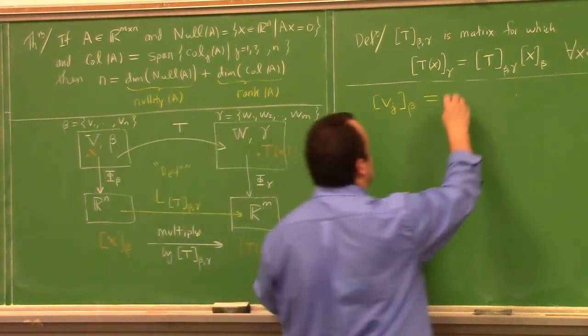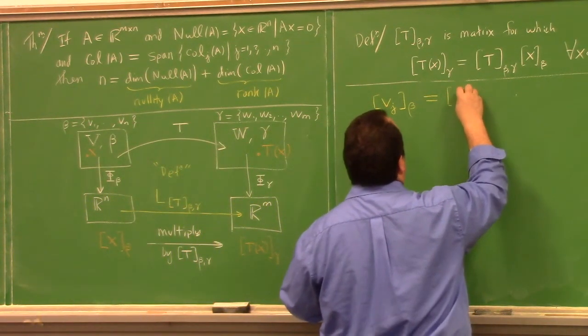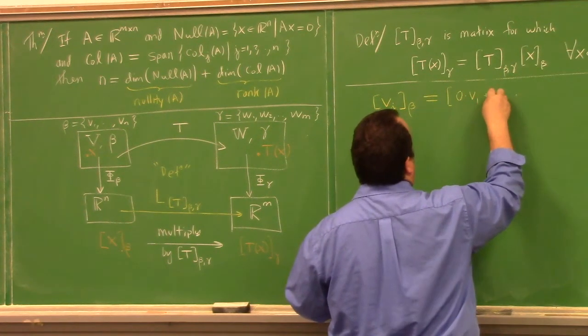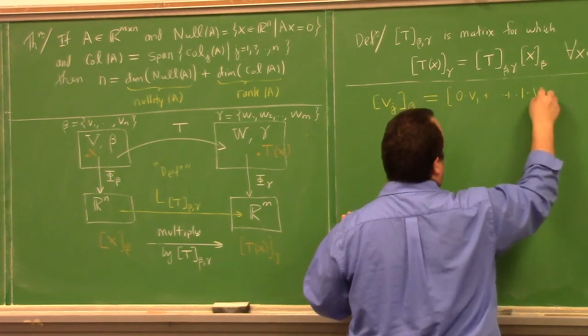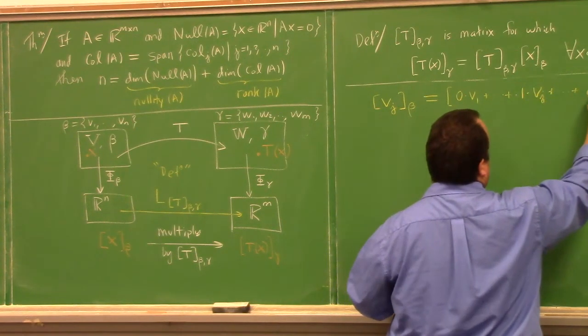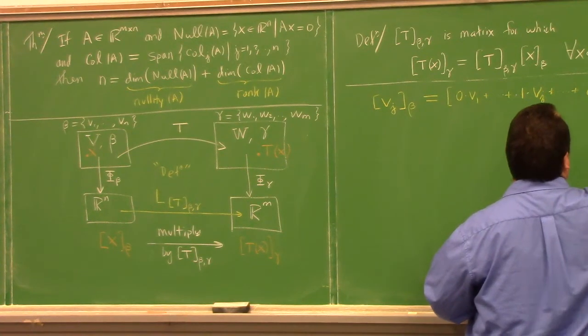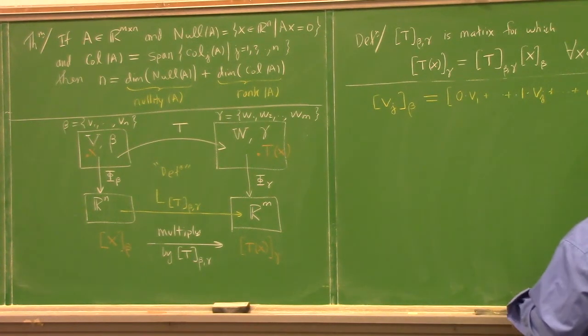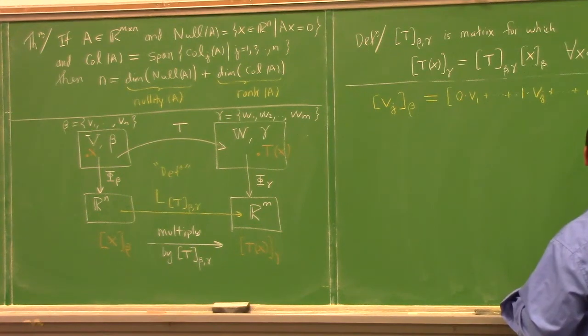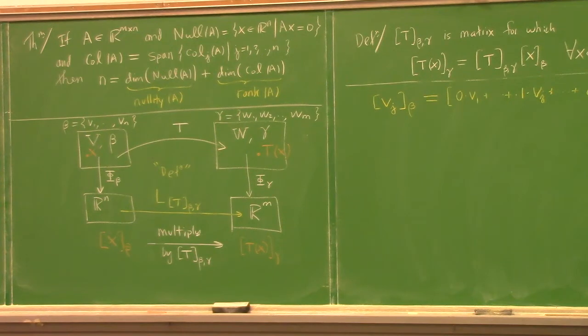Let's see here. It's 0 times v1, 1 times vj, 0 times vn. So what's the coordinate vector? It's zeros, a 1 in the jth spot, and zeros again. What is that? That is ej. The coordinate vector of the jth abstract basis element is the jth standard basis element.